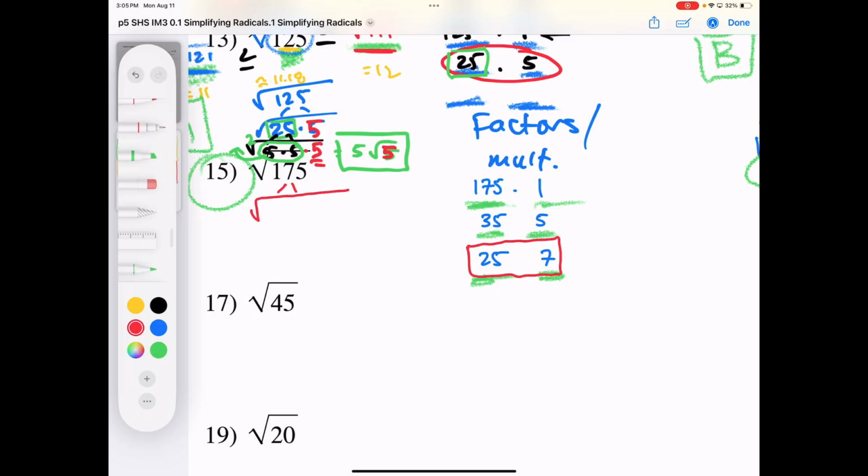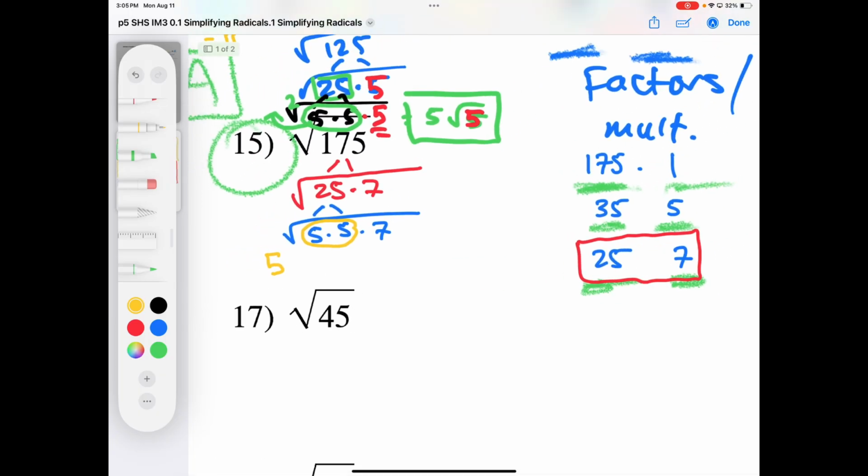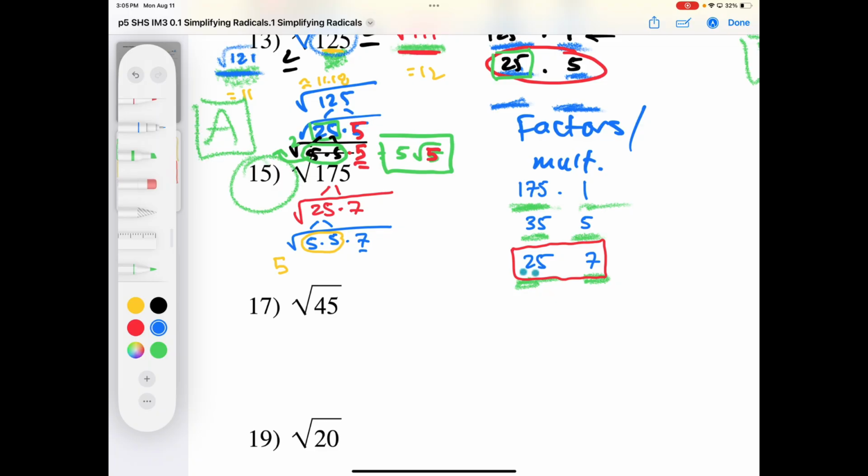Okay, this is called the factoring tree. So I have 25 times 7, because 25 times 7 is still 175. And the 25 turns into what? Pair of 5s. 5 times 5 times 7, that still equals 175. In class, what am I going to circle? Where do the 5s go now? How many 5s do I write? 1, 5. What's left? Just the radical 7. So when it goes outside, no radical, stays inside, there is a radical. Raise your hand if you got 5 radical 7.